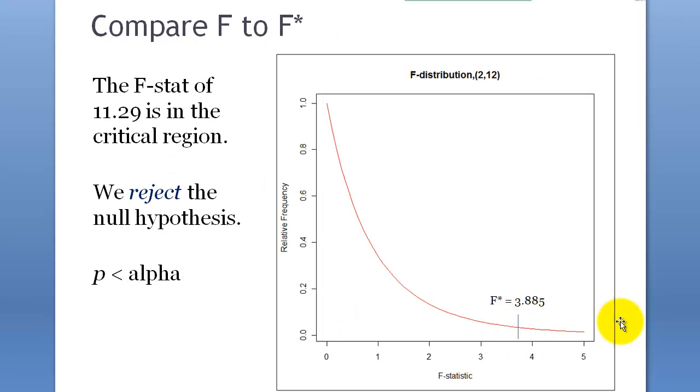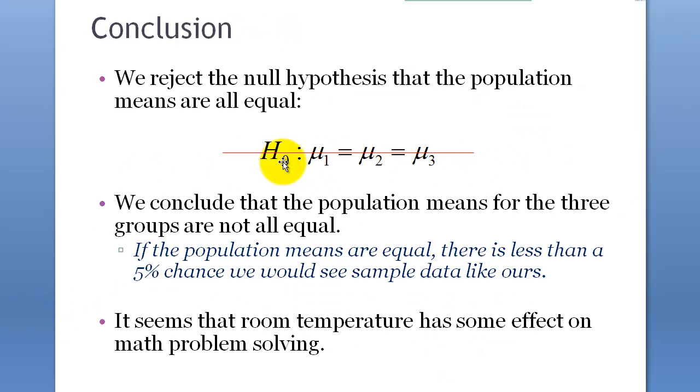11.29 is going to be way over here, so it falls into the critical region, so we reject the null hypothesis at p less than 0.05. That means there is some difference. I don't know where the difference is. Maybe between mu1 and mu2, or mu2 and mu3, or between mu1 and mu3.